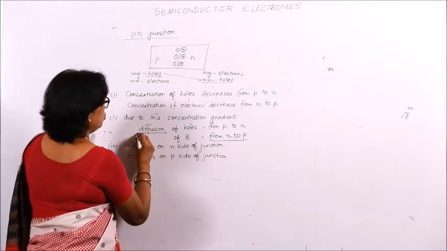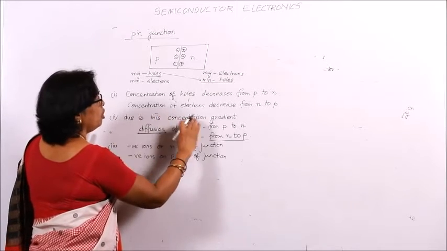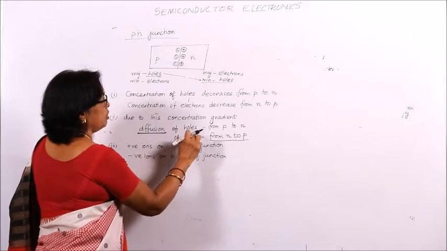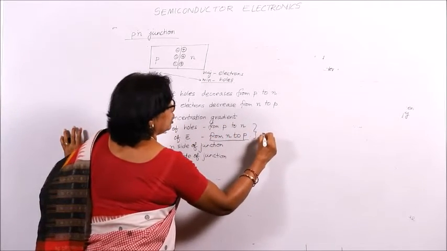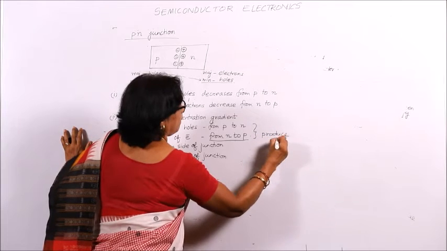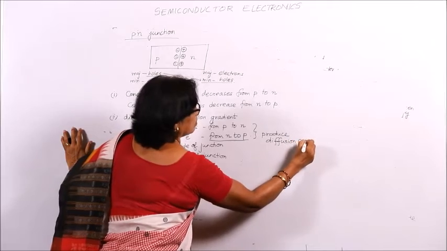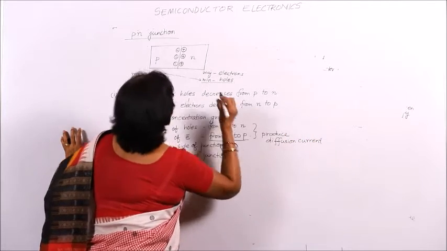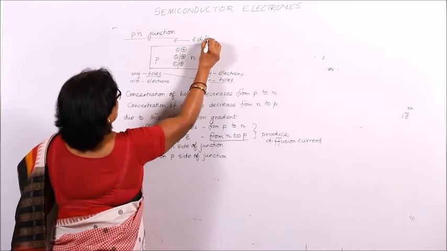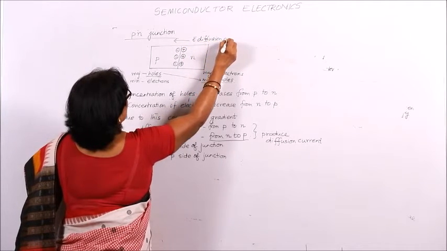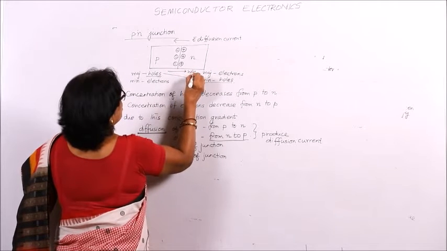This is the diffusion, and we say that the diffusion of holes from p to n and of electrons from n to p produce a diffusion current. From here to here is the electron diffusion current, and from here to here the hole diffusion current.